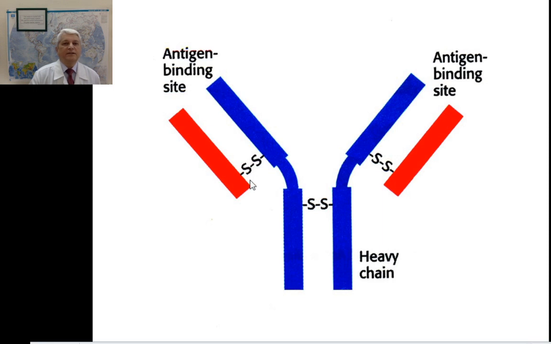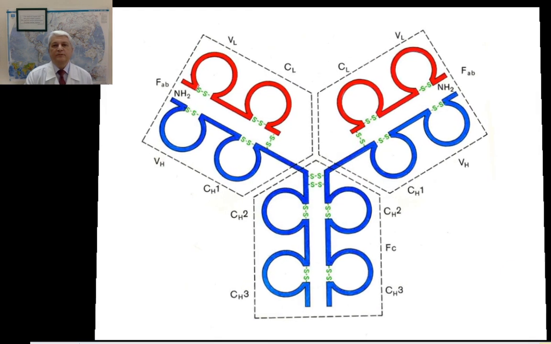This is a disulfide bond between light chain and heavy chain, light chain and heavy chain, and between the two heavy chains. Other things are written: antigen binding site, and heavy chain. And this is not written, but this is understandable. This is light chain. Let's go on.